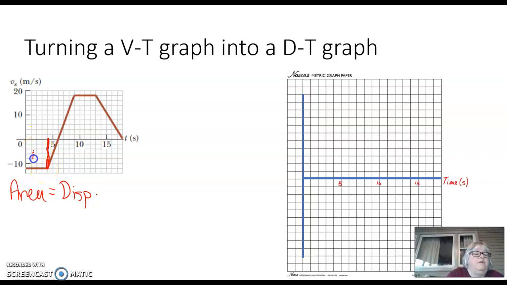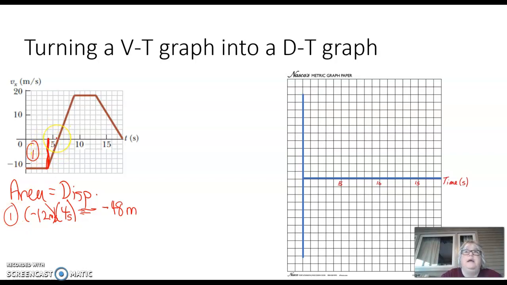So the area for section 1 is just going to be the length times the height. So that is negative 12 meters per second times 4 seconds. That gives me negative 48 meters.